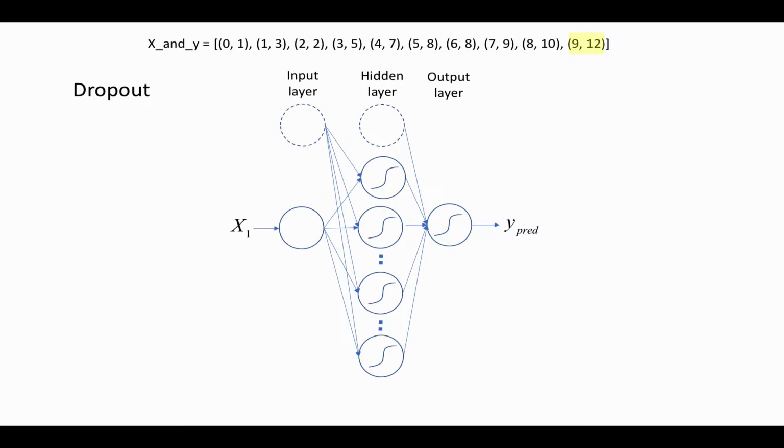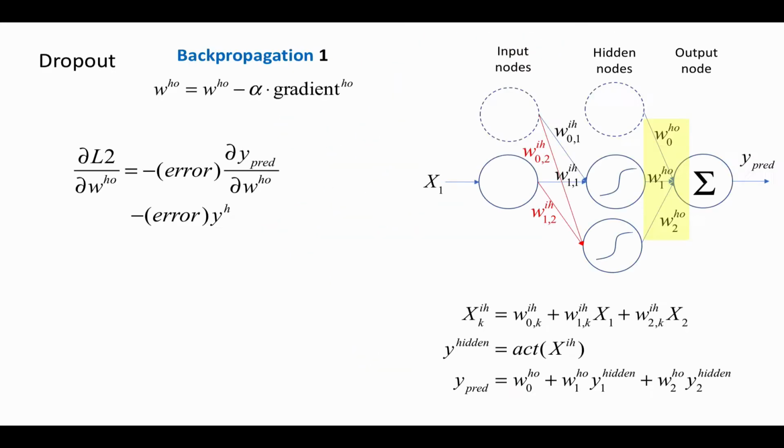The next thing we want to do is to implement this. How do you get hidden nodes to disappear every once in a while? There's actually a very easy way to do it for a simple system like this. Here we have our simple neural network again, and the output is the multiplication of y hidden, which is the output from the hidden layer.